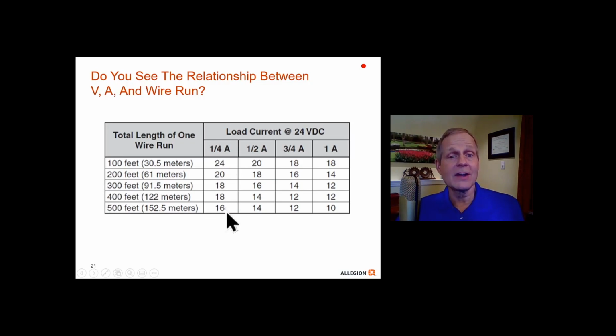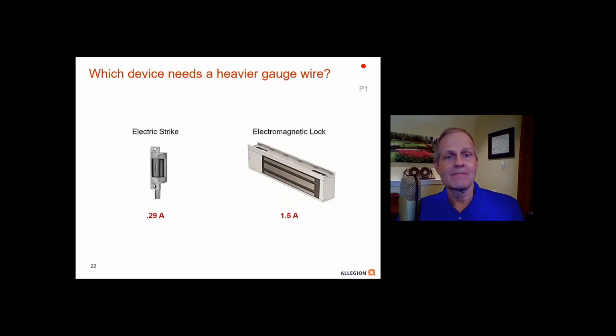You have to use a much larger diameter wire, 16 gauge. So two things we can note from this chart: as the current increases, the wire size increases. As the distance between the devices increases, the wire gauge or size of the wire diameter would also increase. So that's the relationship we're trying to illustrate here.